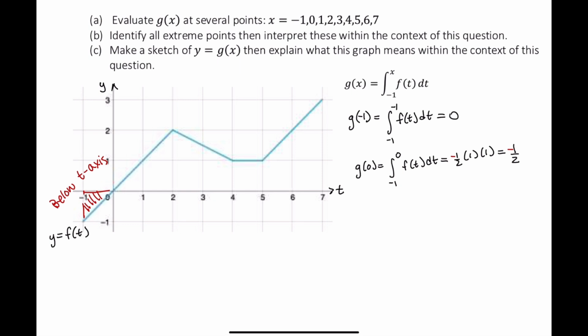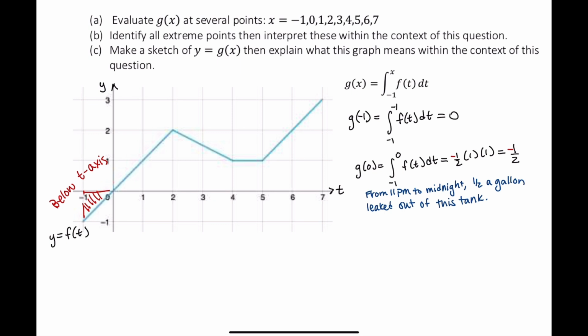Now really what this is telling us is that from 11 p.m. to midnight, half a gallon leaked out of this tank. So the amount of water accumulated was, in essence, negative. And what negative tells you in these contexts is that you're losing something. You're not gaining it. So in this case, we lost half a gallon of water.